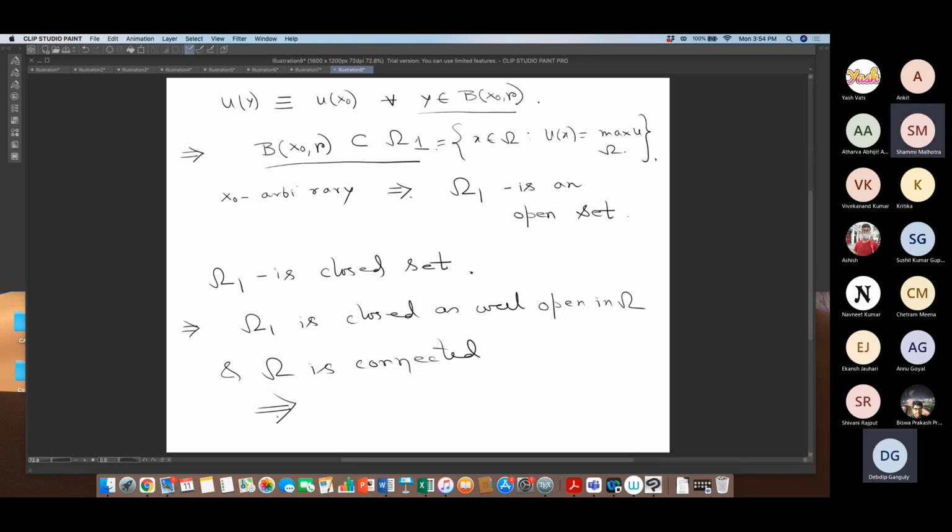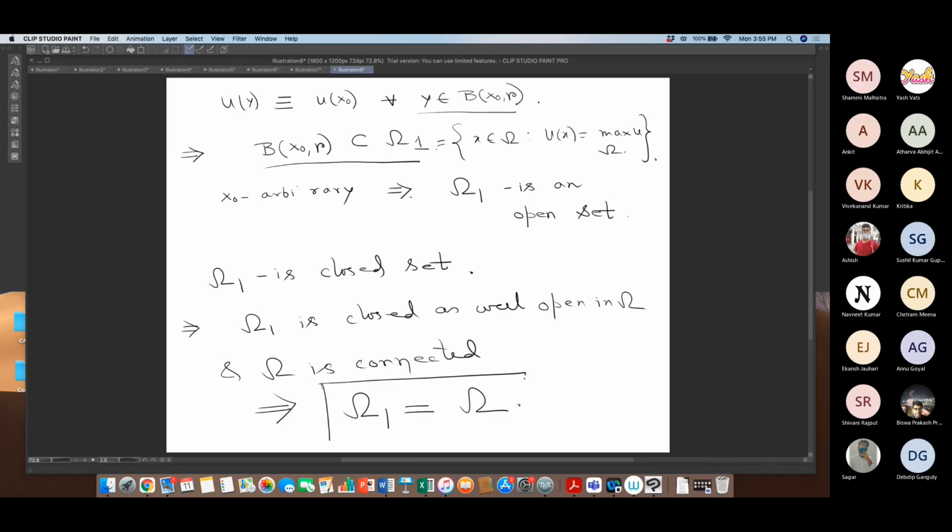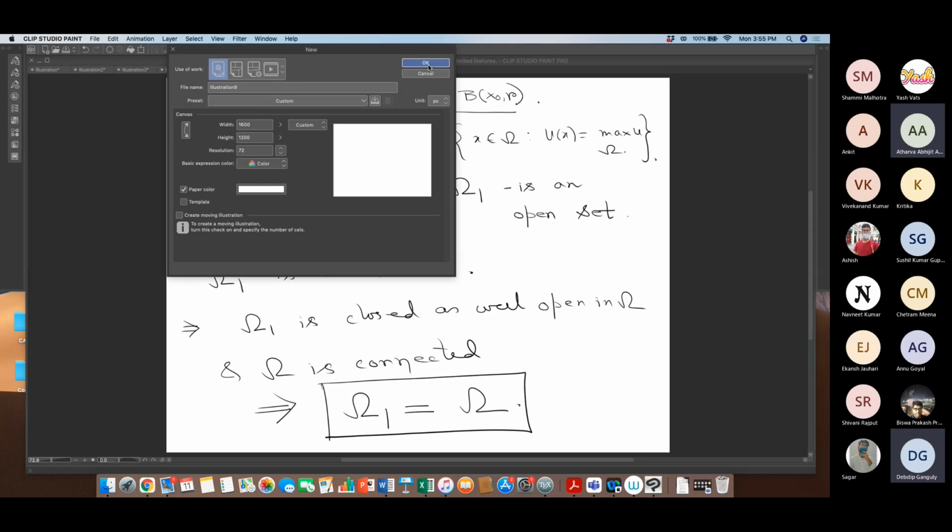What does it imply? Omega 1 is either empty or the whole omega. Exactly, it's either empty, because already if U attains its maximum, right? Either omega 1 is empty or omega 1 is omega. Is that clear? Okay. So U is a constant.